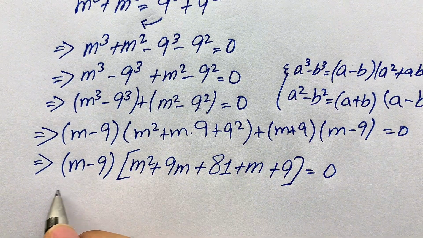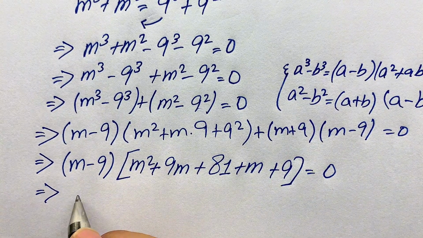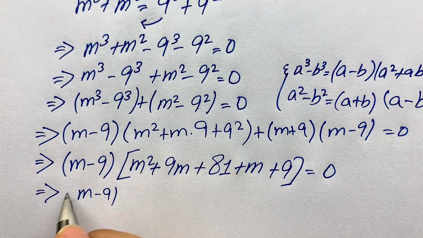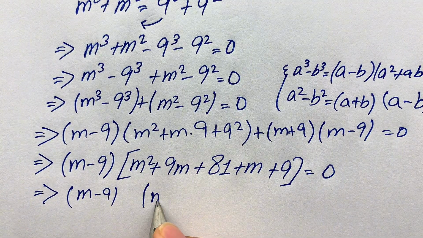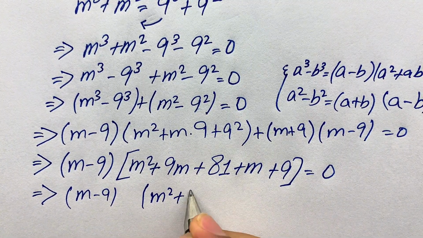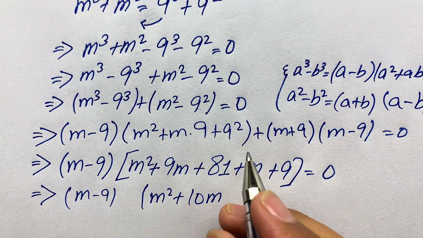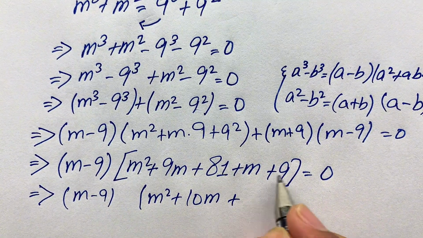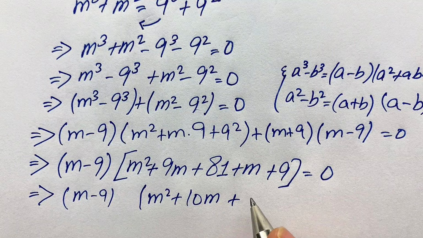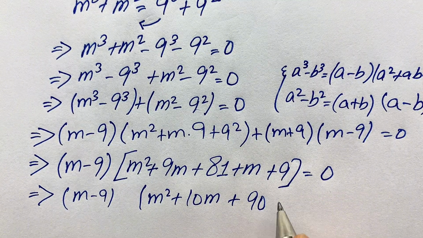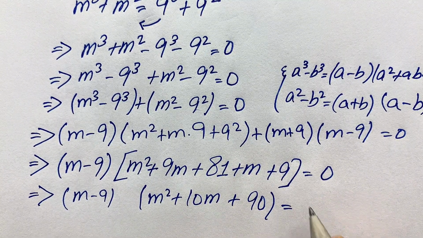So in next, (m − 9)(m^2 + 10m + 81 + 9 = 90) is equal to 0.